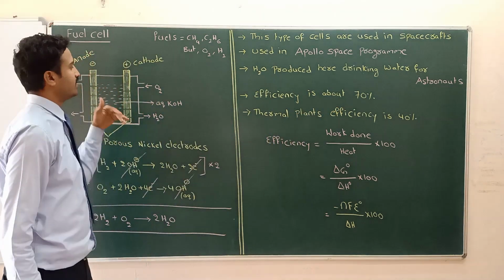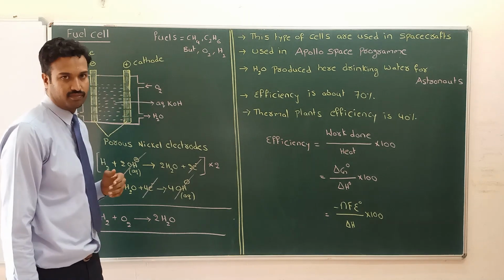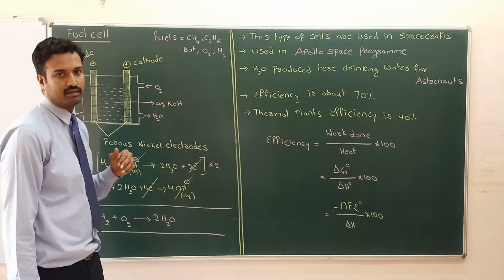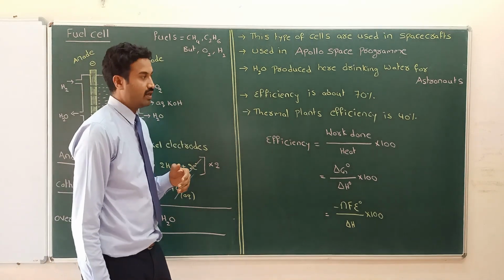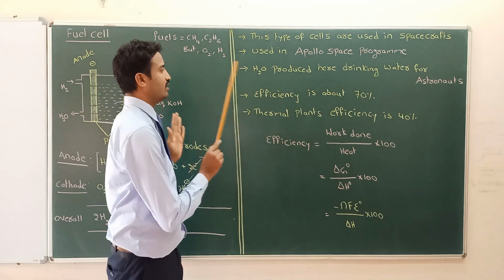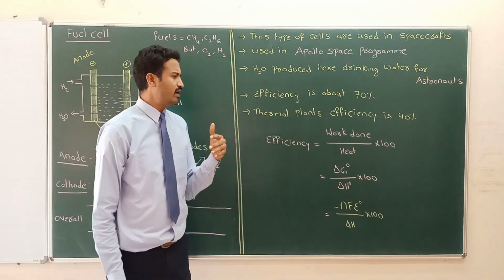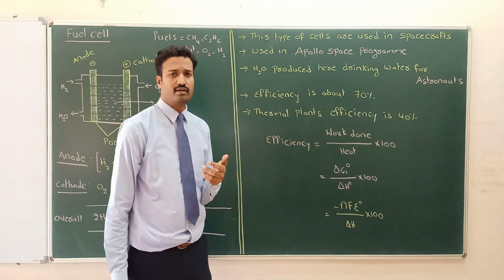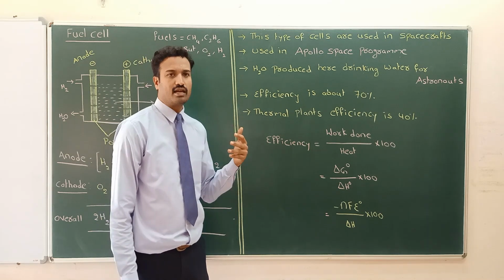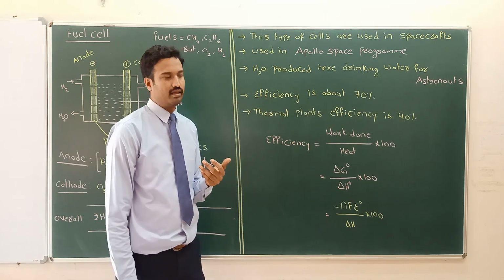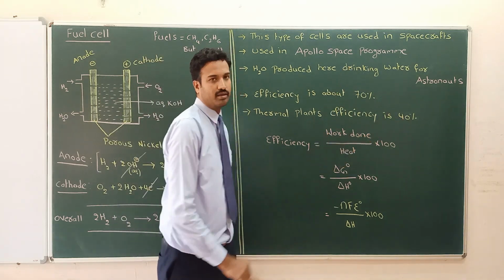Generally, here we are producing electricity by using the fuels, hydrogen and oxygen. The efficiency of this one is 70%. In thermal plants, where heat energy is converted into electrical energy, the efficiency is 40%.